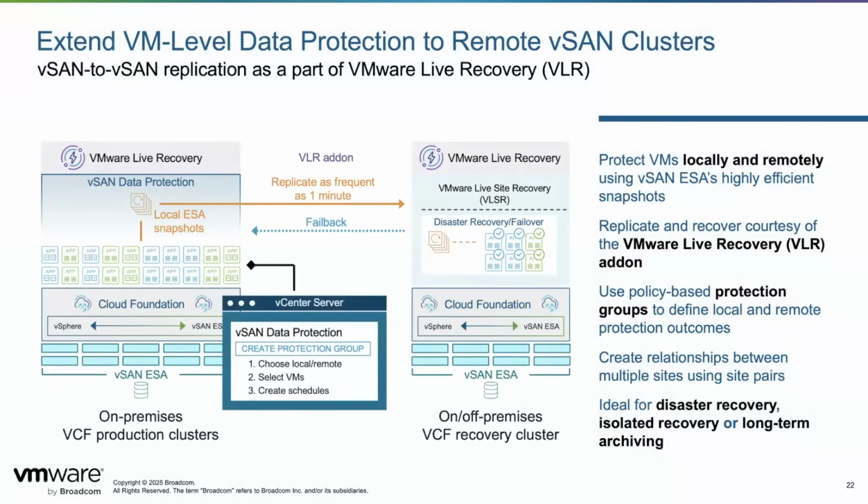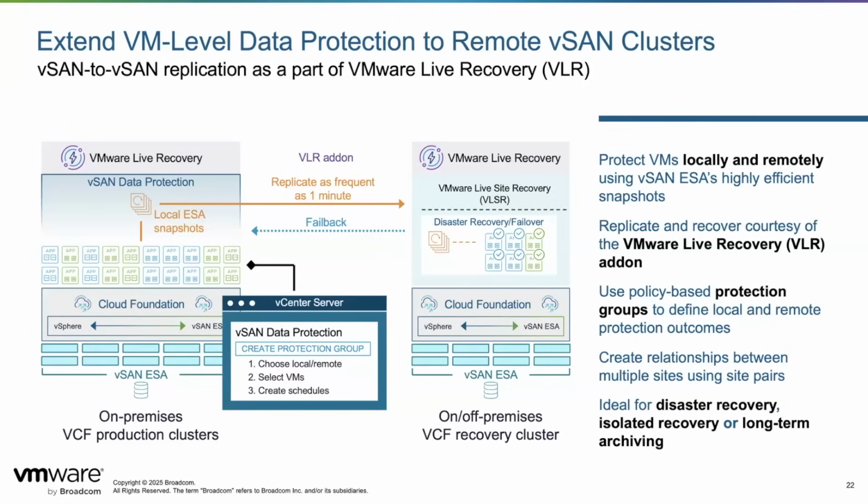We can now replicate those VMs, and we can set that replication interval. We can get a 1 minute recovery point objective, and we can keep not only a set of GFS on the source side, we can also keep an X number of snapshots on the target side.